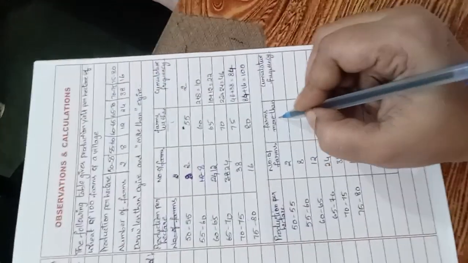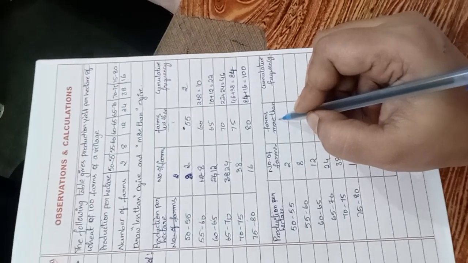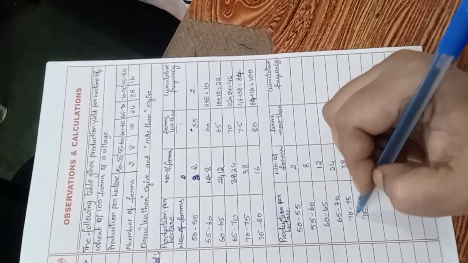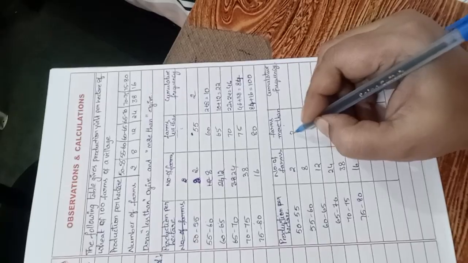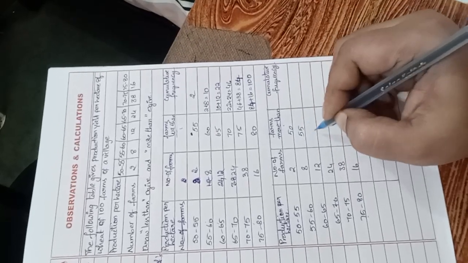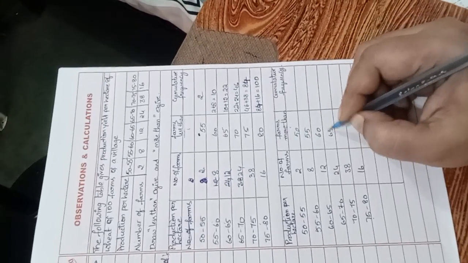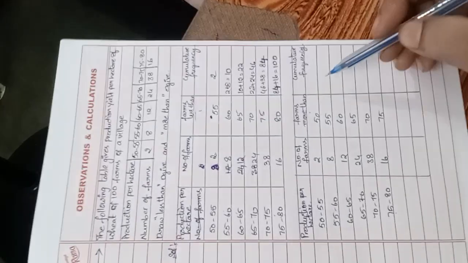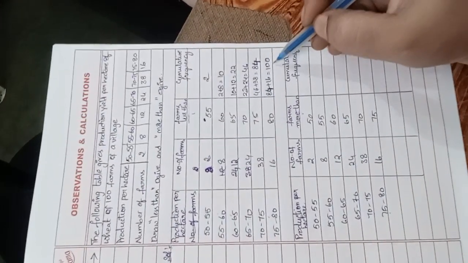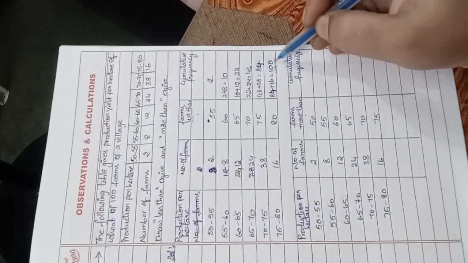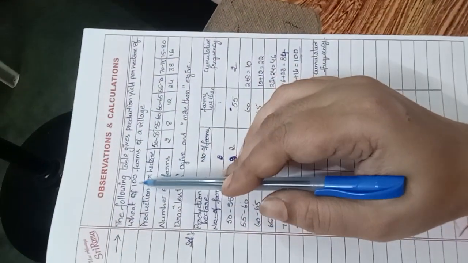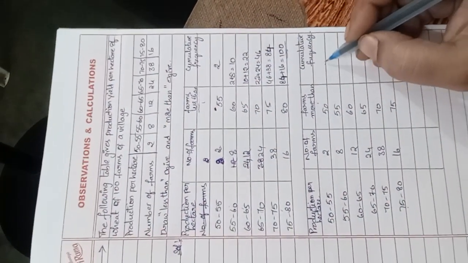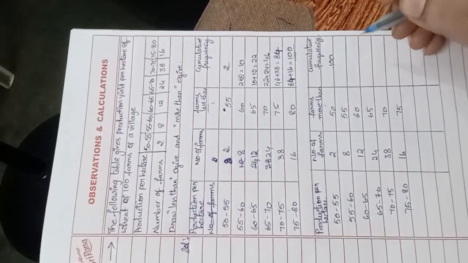For the more than column, you have to take the lower limits of the class intervals, that is 50, 55, 60, 65, 70, 75. Next, coming to cumulative frequency.